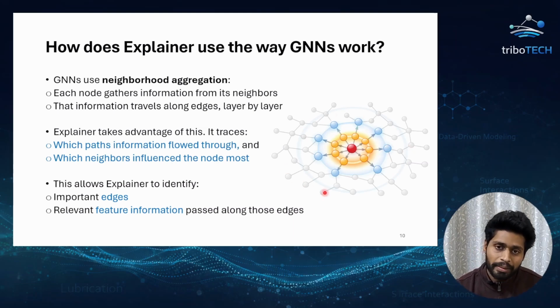The explainer utilizes this behavior, and it traces which paths information flowed through and which neighbors influence the node most. This is how explainers identify important edges and important node features, which was their objective.